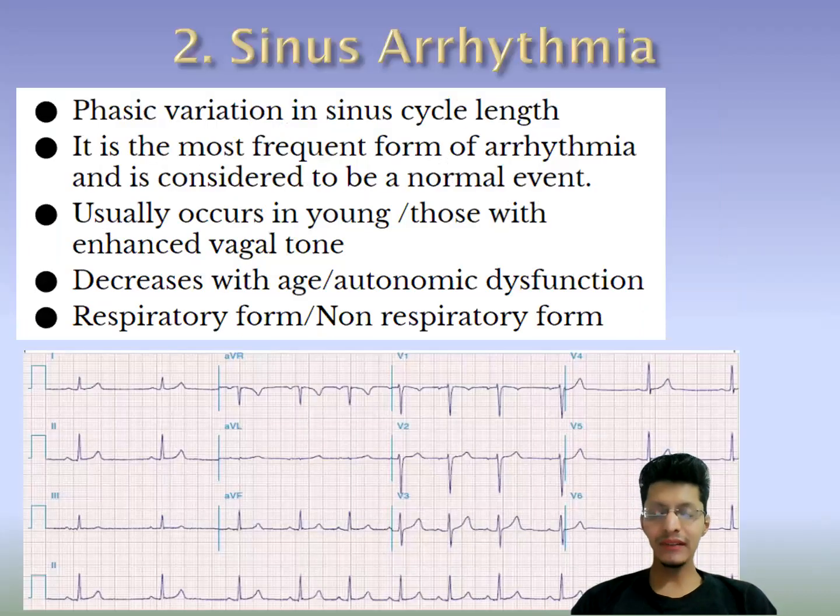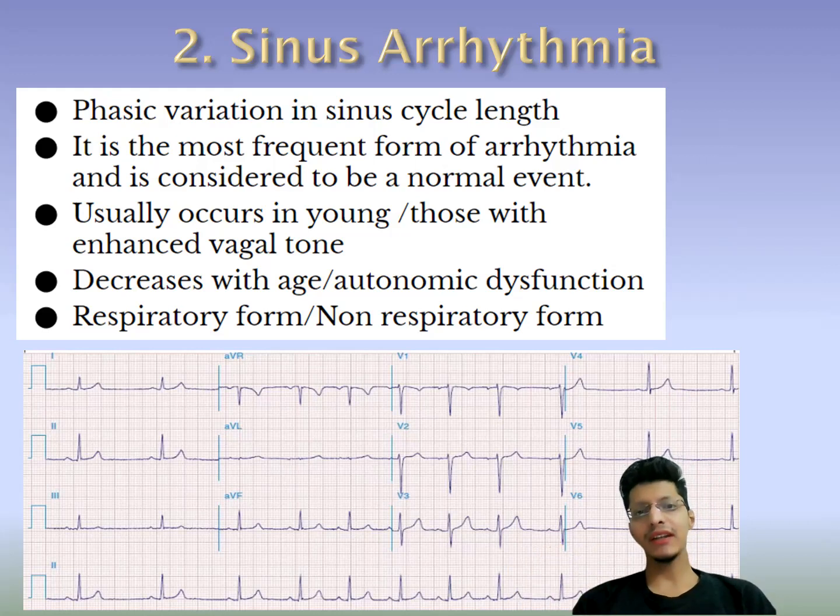Then we have sinus arrhythmia. These are the patients who come most commonly to the OPD, and we usually misdiagnose it as some kind of bradycardia, or think the patient needs a pacemaker because there's an irregular RR interval, but that is not the case. In this, the variation is occurring because of inspiration and expiration.